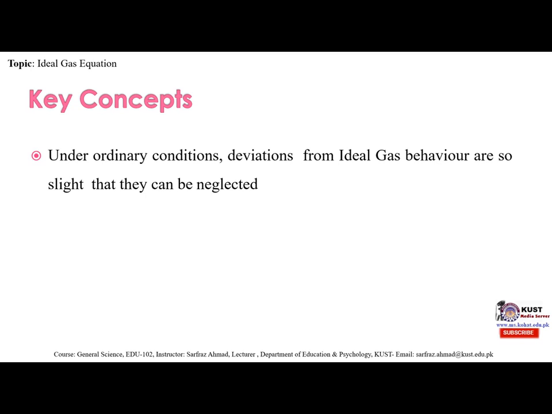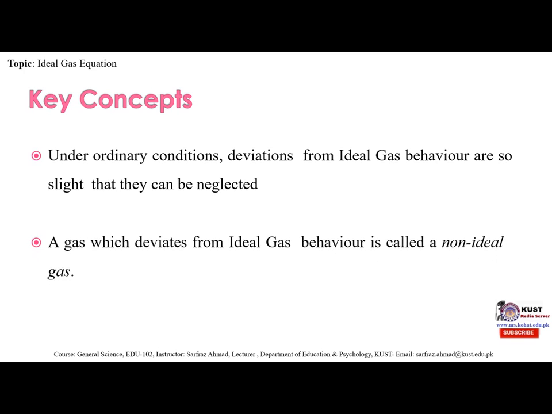So the results of the quantum Boltzmann gas are used in a number of cases, including the Sackur-Tetrode equation for the entropy of an ideal gas and the Saha ionization equation for weakly ionized plasma. A gas which deviates from ideal gas behavior is called a non-ideal gas.